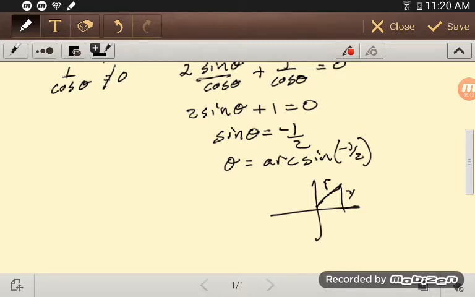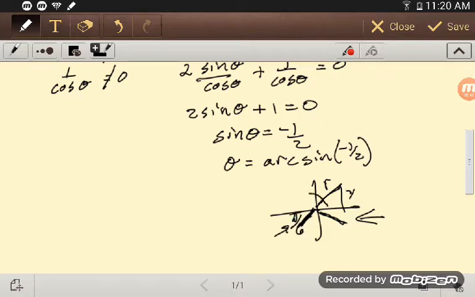And so where is that going to be negative? Well, it's going to be negative down here. So in this quadrant, I would get a sine that's negative 1/2. And in this quadrant, I would get a sine that's negative 1/2. So what are those angles? Well, again, the reference angle is pi over 6 or 30 degrees.